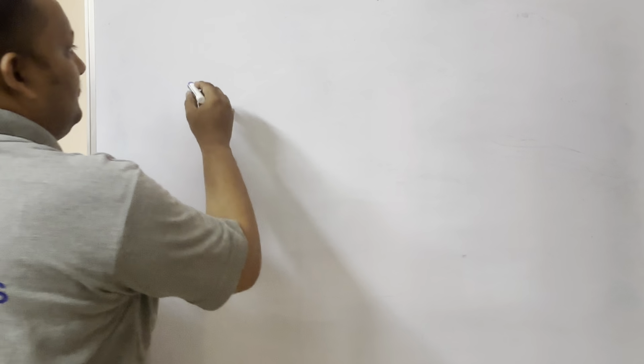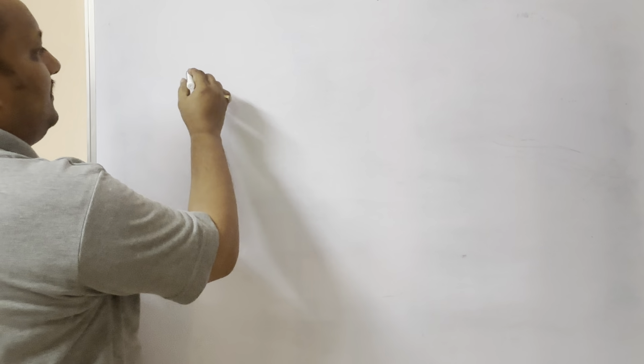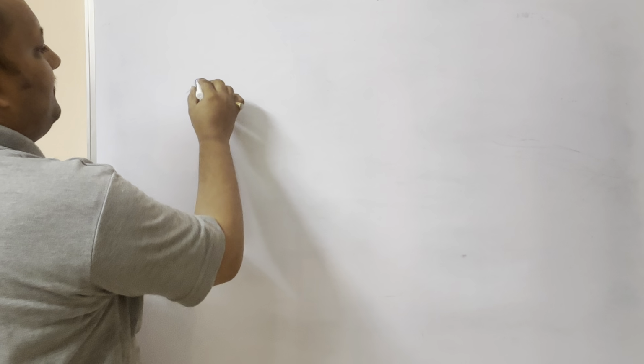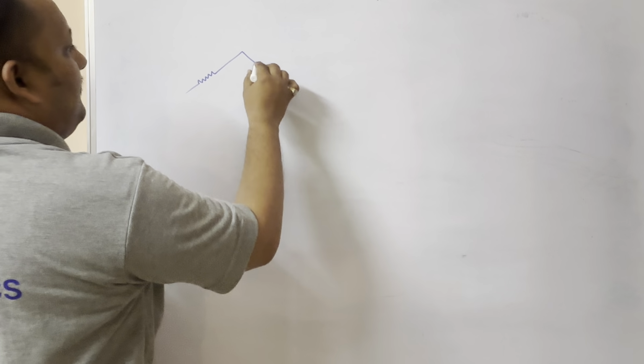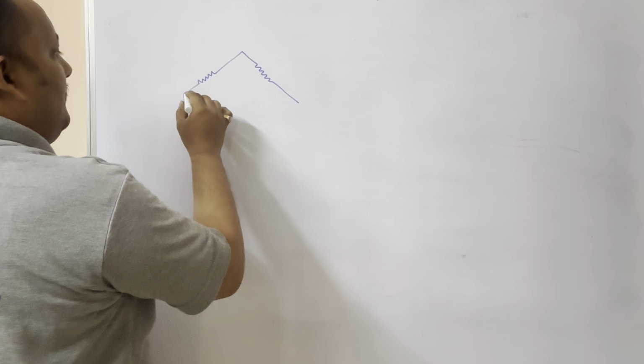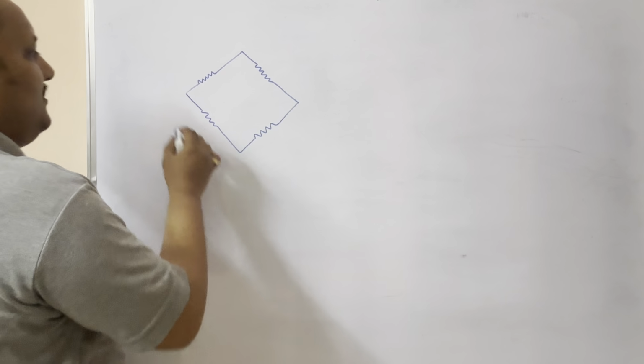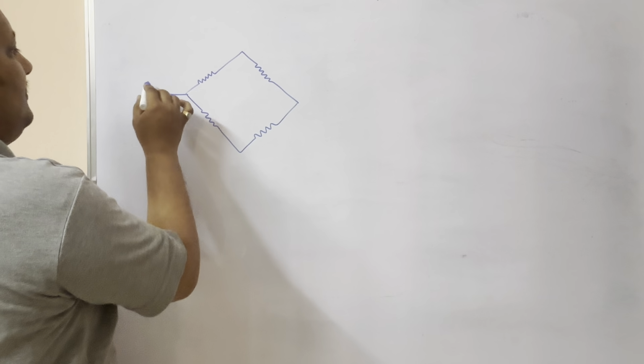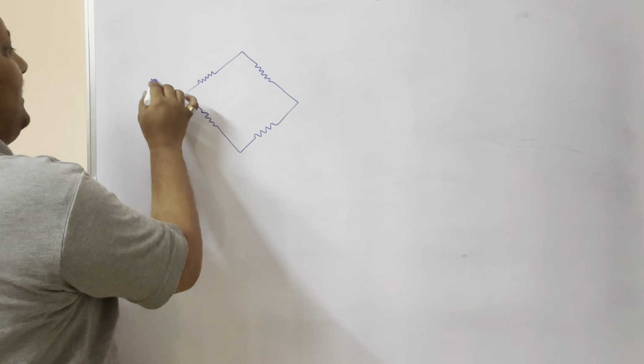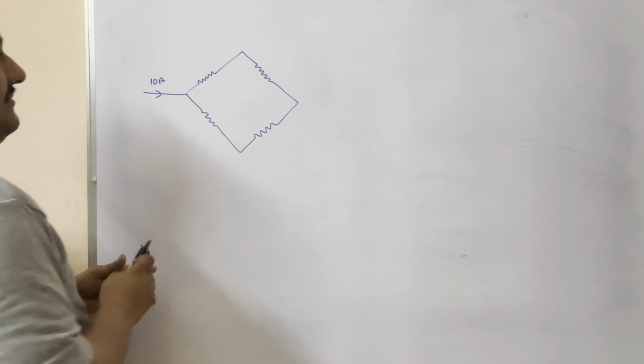See, next problem, a similar model, but we will see the Wheatstone bridge model. This is a circuit. They will give 10 amperes of current entering.